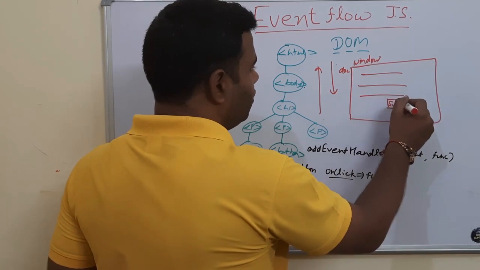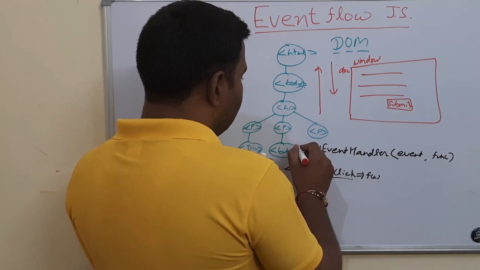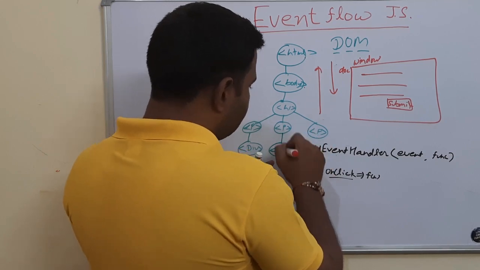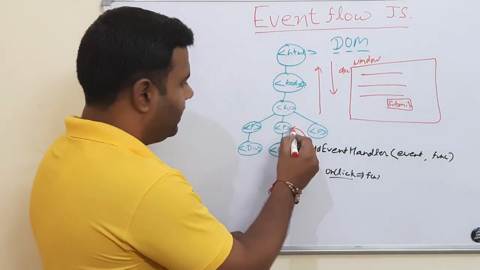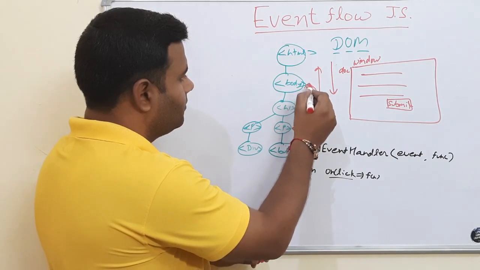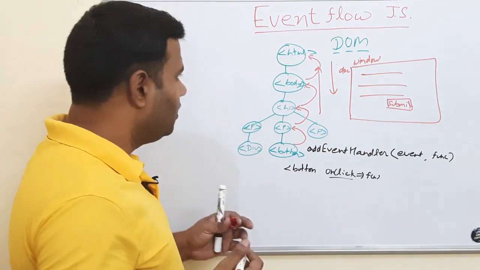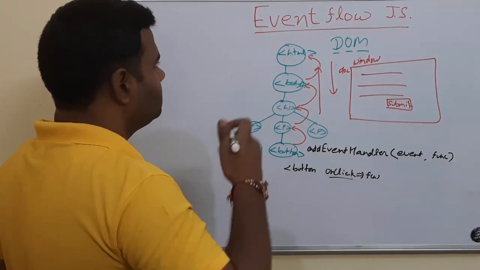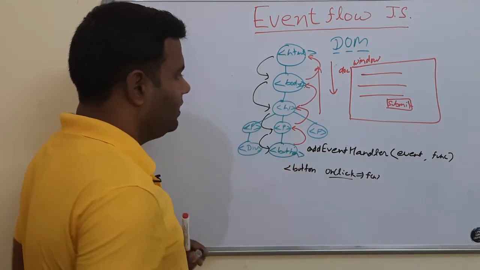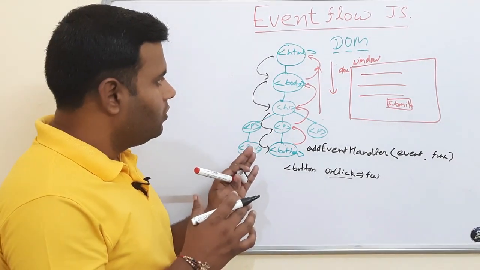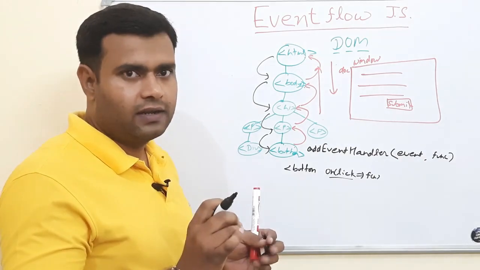So first of all, let's say you clicked on this button, right? Then the event can trigger, and this will pass the event to its parent, and the parent here is this paragraph, and this way. This is how an event can trickle to the top, or another way could be from the top down, because the browser is taking the click, right?